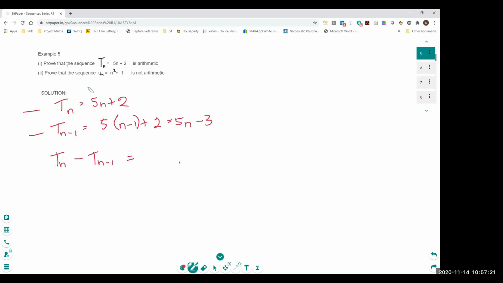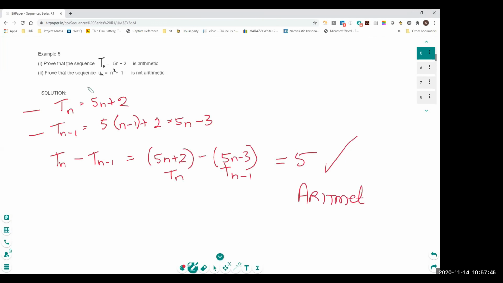So the first one is 5n plus 2 minus (5n minus 3). Remember, this is t of n and this is t of n minus 1. And the answer there is 5. So it's a constant, so it's arithmetic. That's all you have to do to prove it. Simple as. If you were given a sequence with all those numbers, just subtract two terms from each other and prove that the difference is a constant number.